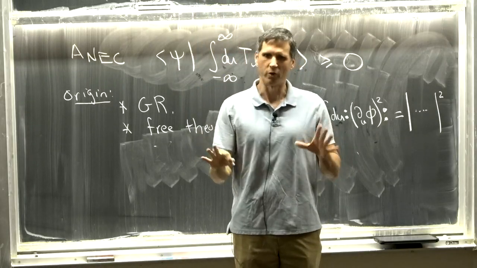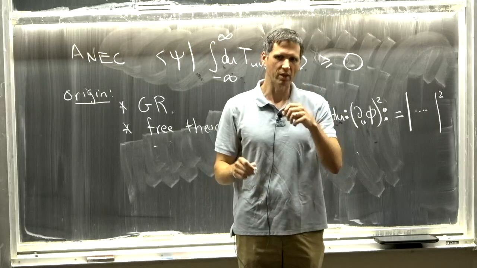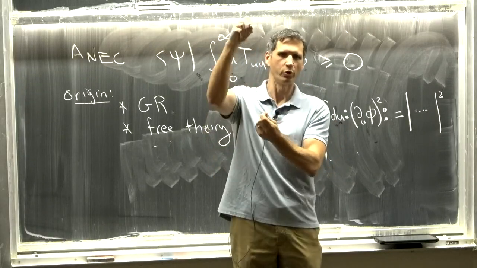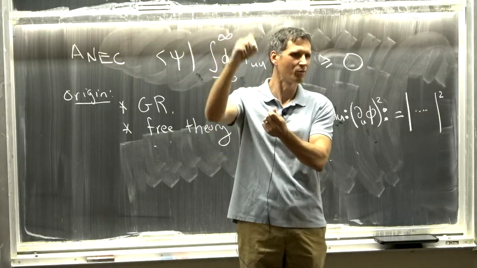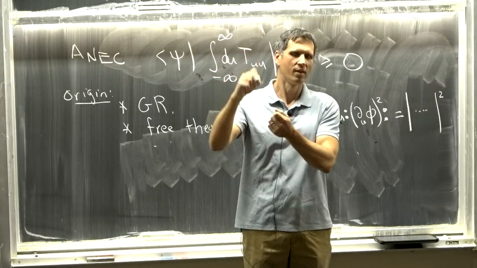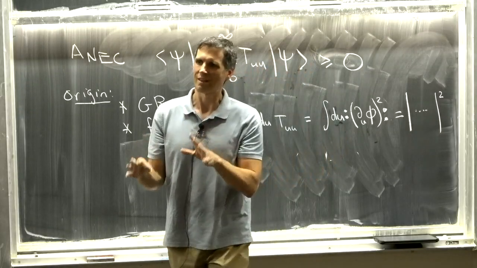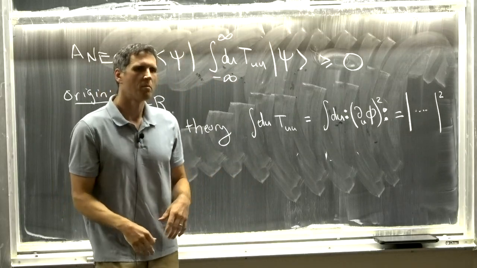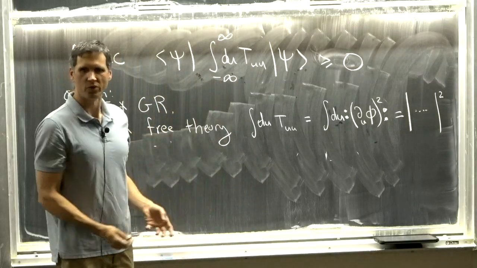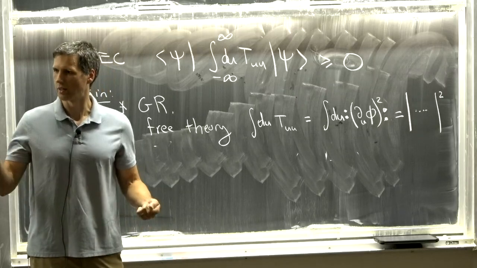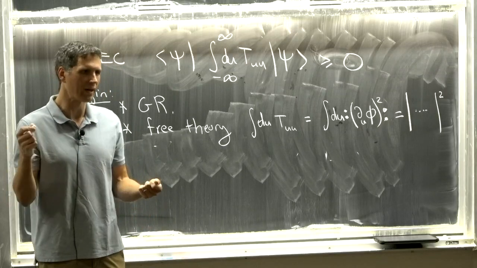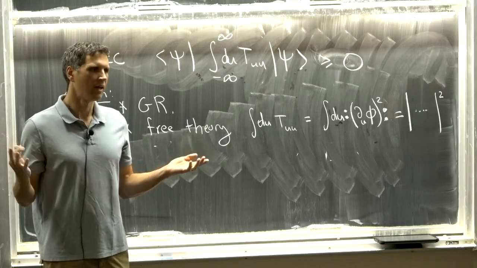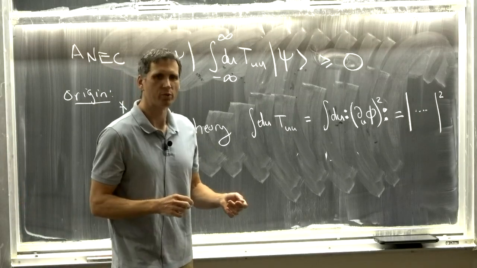And that's chronal, because you can connect two points on that world line by a time-like path. So in situations like that, the ANEC can be violated, but it's believed that the ANEC holds on achronal null geodesics, where it's impossible to connect any two points by a time-like path. There's no counterexample to that, and I think it's probably true, but there's no proof.